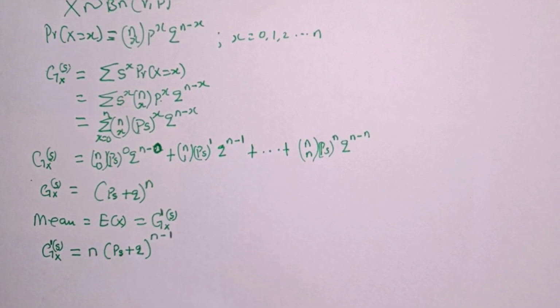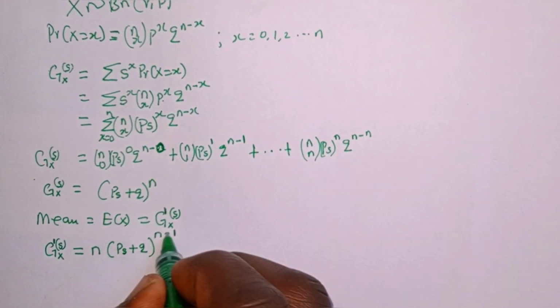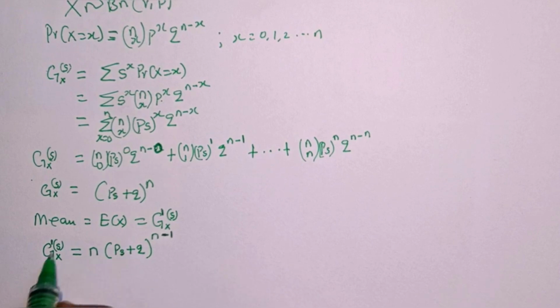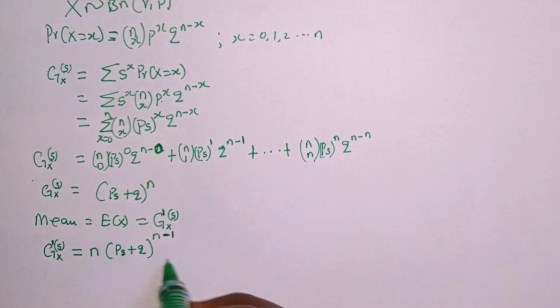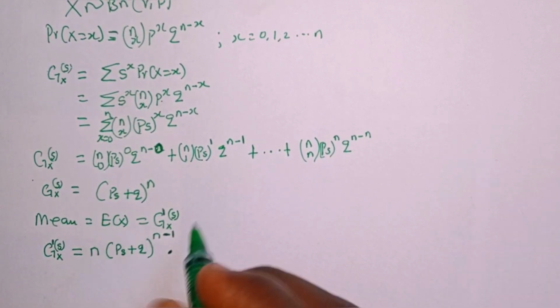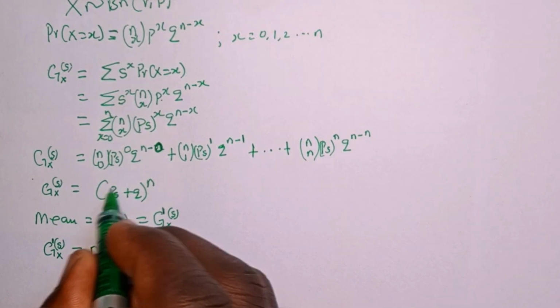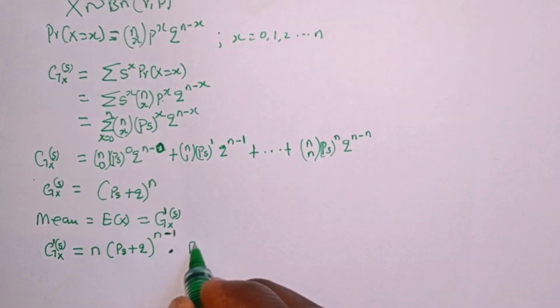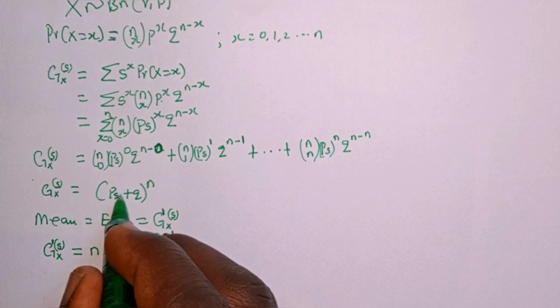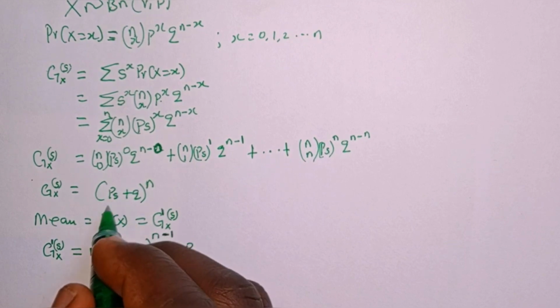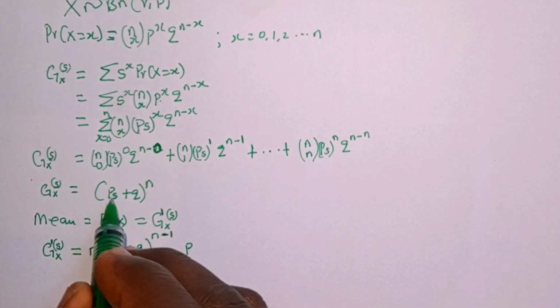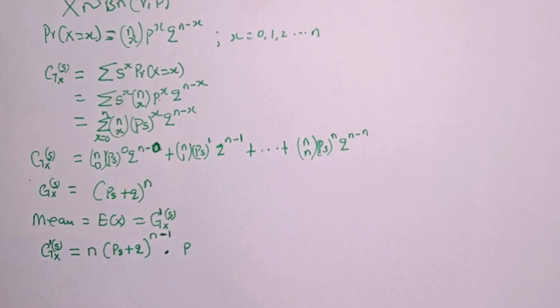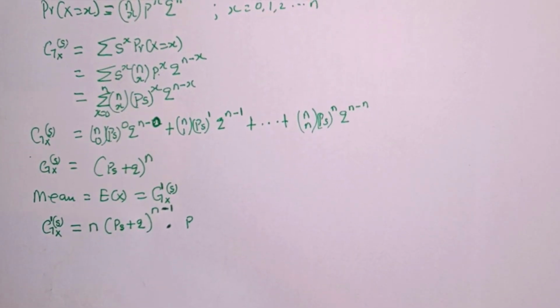If you recall your power rule of differentiation, remember we are differentiating with respect to s. If you differentiate ps, 1 multiplied by p is p, then p times 1 minus 1 is 0, s raised to the power of 0 is 1, so we get p. Therefore the derivative of ps inside this bracket is p.